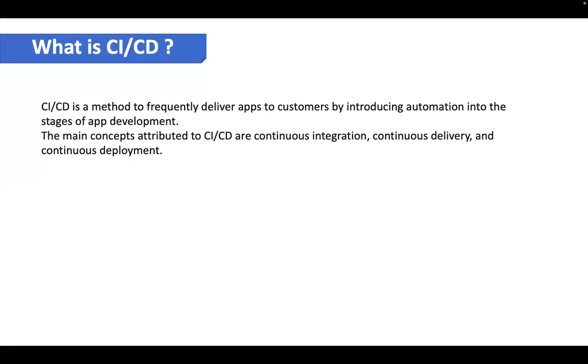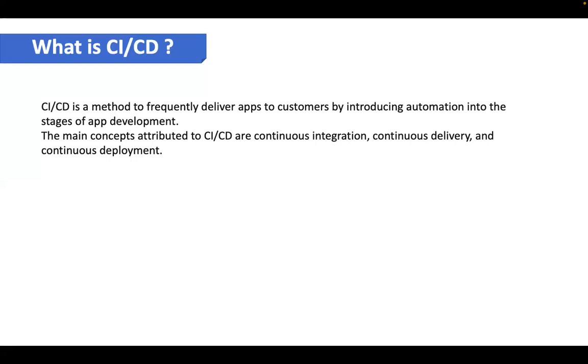The main concepts attributed to CI/CD are continuous integration, continuous delivery, and continuous deployment. That's the term CI and CD. So the CD, we take it as continuous delivery and continuous deployment.